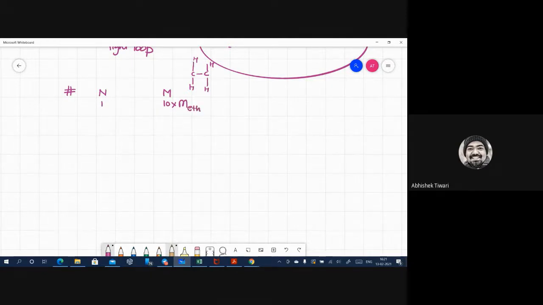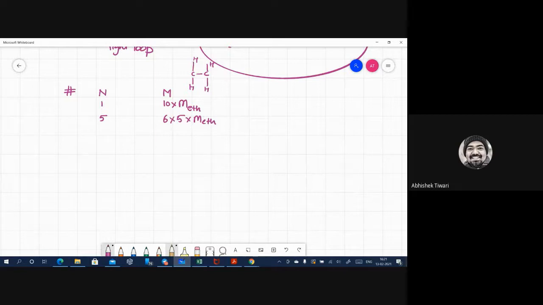So the mass of that chain will be 10 into M_ETH. I can have another chain, and the number of those chains is, let's say, 5. So I have 5 chains where in each chain I have, let's say, 6 ethylene molecules. So I have 6 in each, and then I have 5 chains, and so this will be the mass of that.